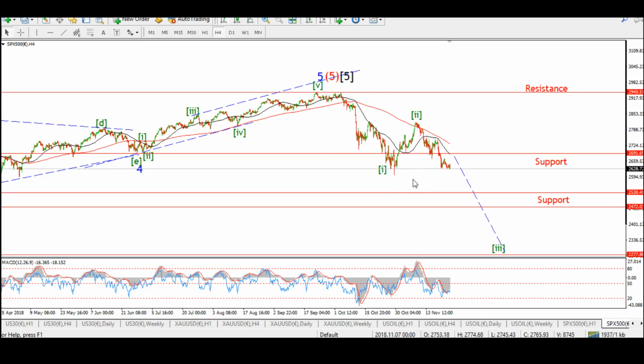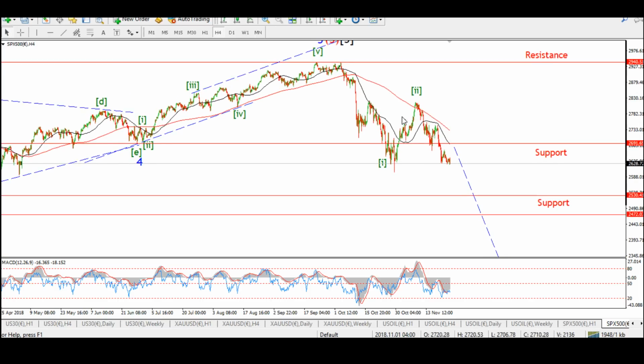All right, I'm looking at a wave 1 and 2 to the downside in the S&P. We got a pretty clear 3-wave pattern to the upside. The count on the S&P is slightly different to the count on the Dow, although you could still transfer the wave count from the Dow onto the S&P and it'd still work, but I'm apprehensive to do that right now.